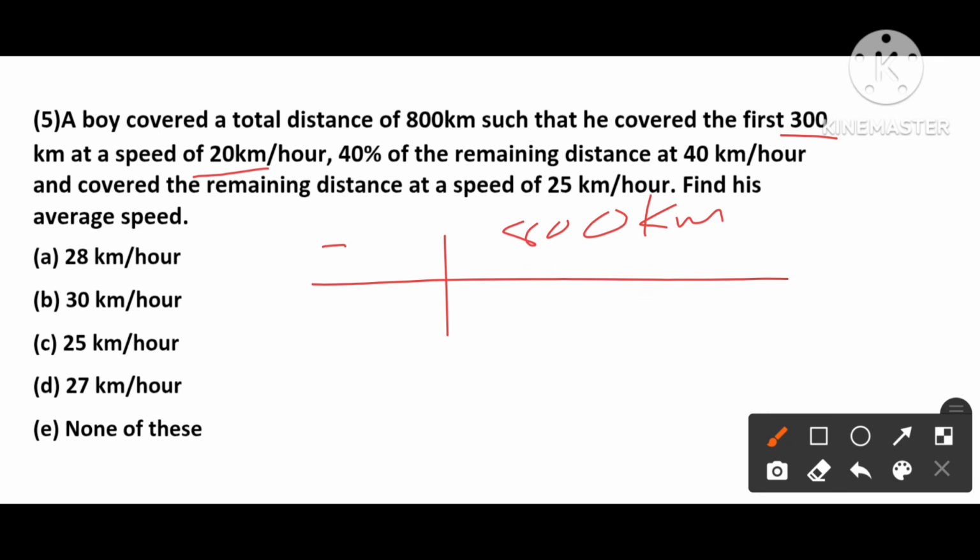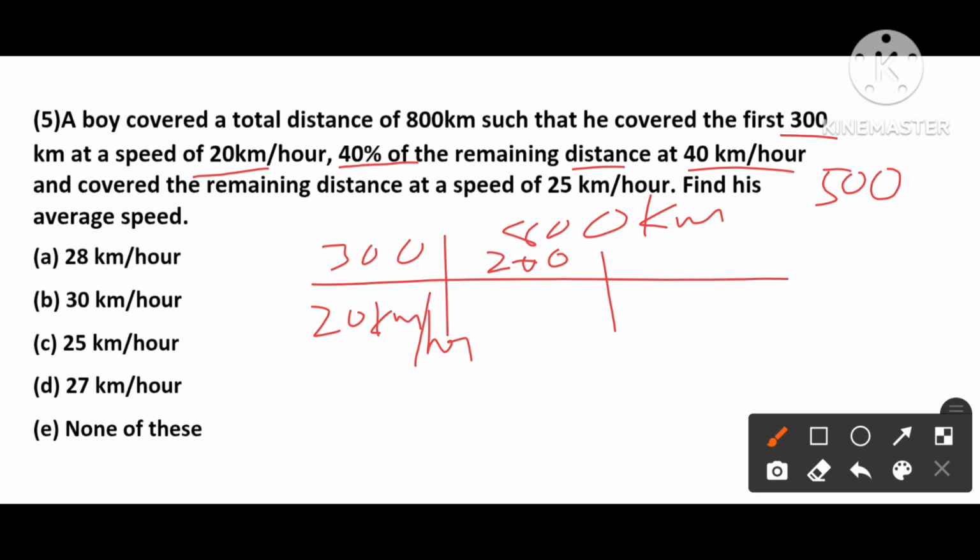First 300 kilometers at 20 kilometers per hour speed. 300 completed means we are left with 500 kilometers. 40% of the distance, means 40% of 500, which will be 200 kilometers, at 40 kilometers per hour, and covered the remaining distance.